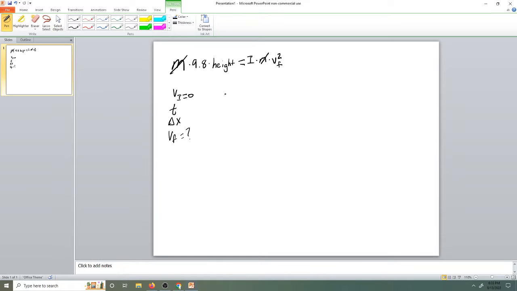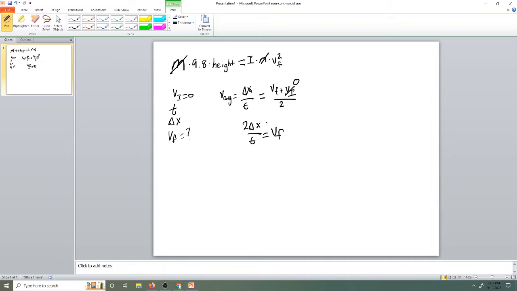But we do know that v average equals displacement over time, and it's also equal to v final plus v initial over 2. And I can actually use this because I have change in x, I have time, and I have v initial, and this is 0 here. So if I solve for v final, I get 2 change in x over t equals v final.